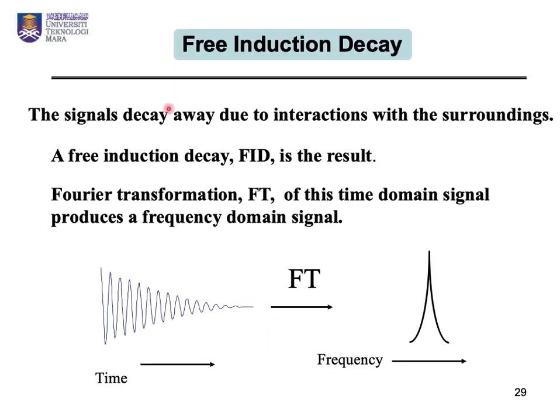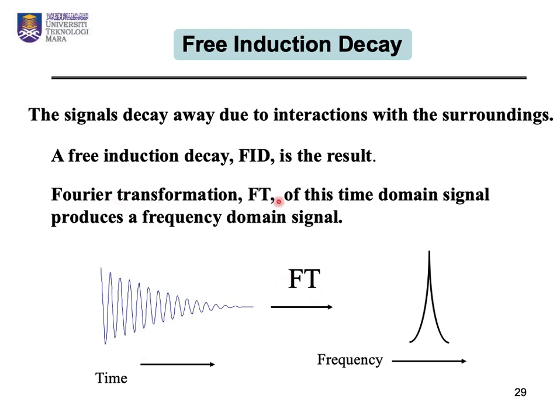This process is called the free induction decay. The signal decays away due to the interaction with the surroundings. This is called the free induction decay, FID. The free induction decay is the result of the relaxation process. This free induction decay is converted into the frequency domain by the Fourier transformation method.